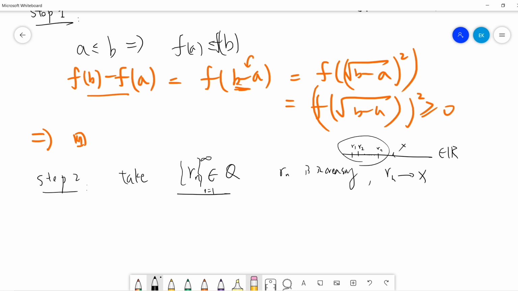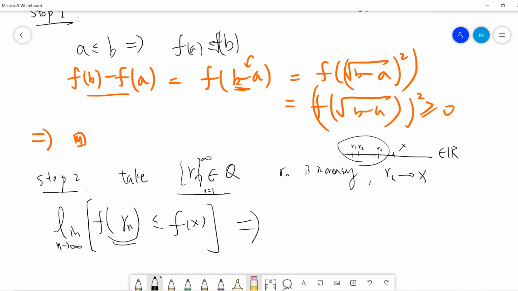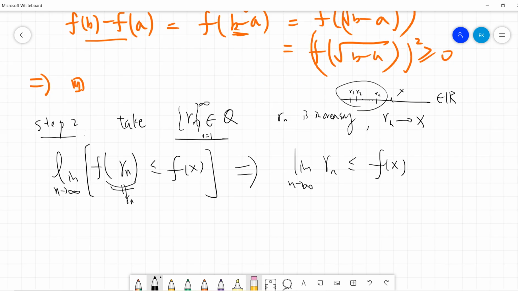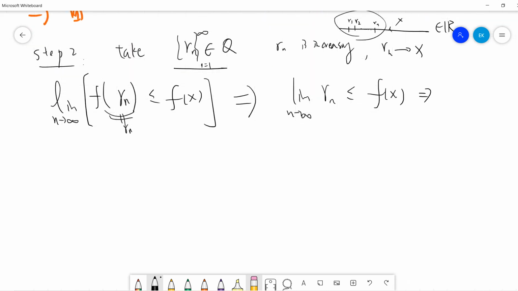So we know that f of r_n is less than f of x, and then we take a limit on both sides, with n going to infinity. Since r_n is rational, f of r_n is r_n. So what we have is the limit of r_n is less than or equal to f of x. This implies that x is less than or equal to f of x.